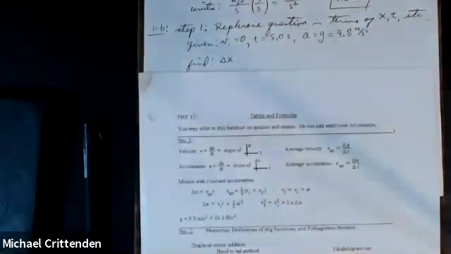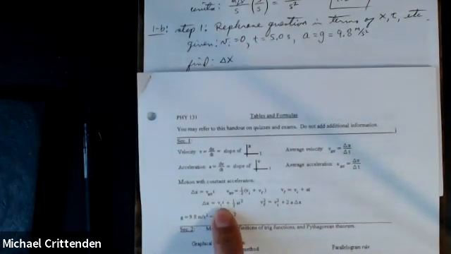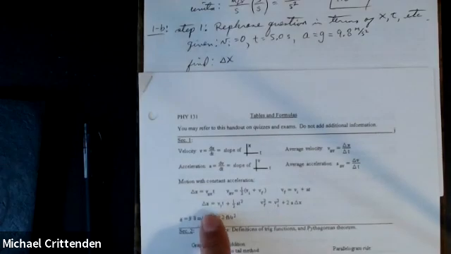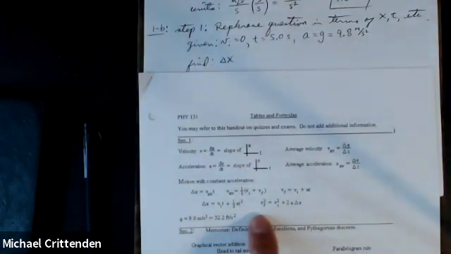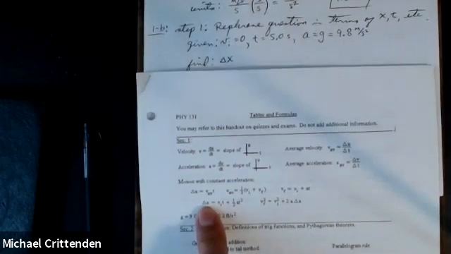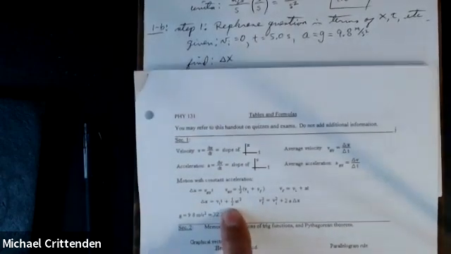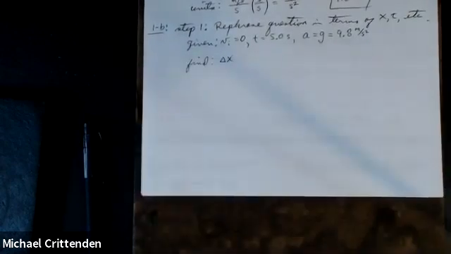V final isn't on the list anywhere, but this guy over here, delta x, vi, t, and a, those are the things I've written down here. I know everything in this equation except for delta x, and delta x is the thing I'm looking for.